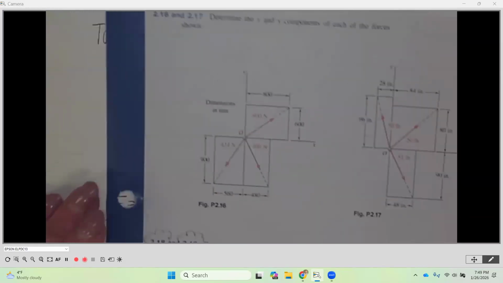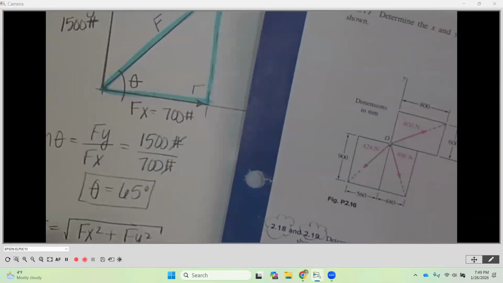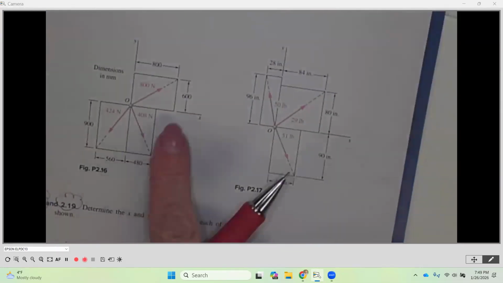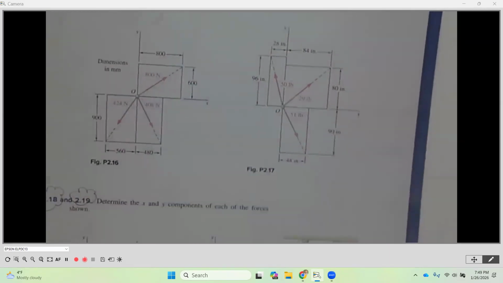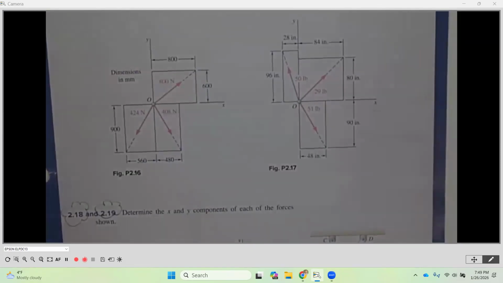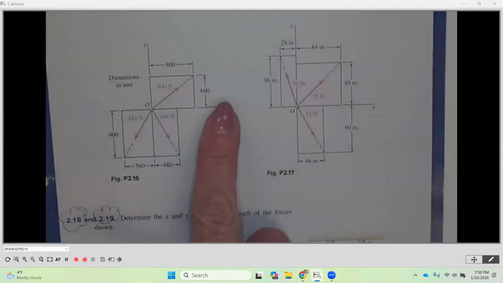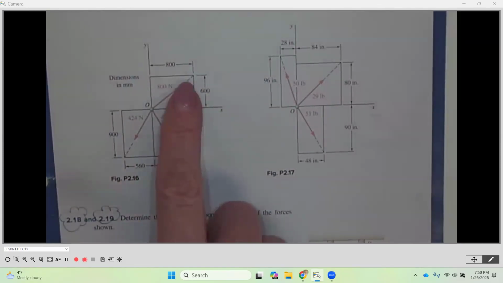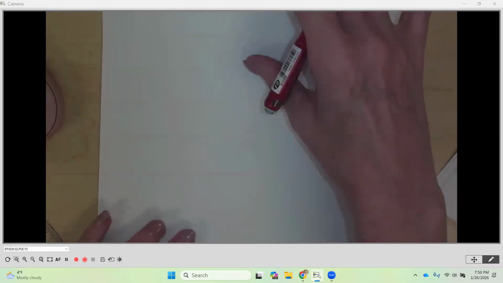So go ahead and get out a piece of paper. We are going to find the components of the three forces here. First things first, we're going to draw a nice generous X and Y axis with each one of these forces on it. I am really not kidding when I say this: half the sheet of paper. I know what's coming in the problems ahead, and we're going to have to add labels and all that kind of stuff.